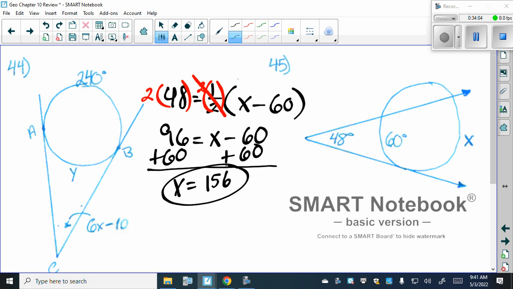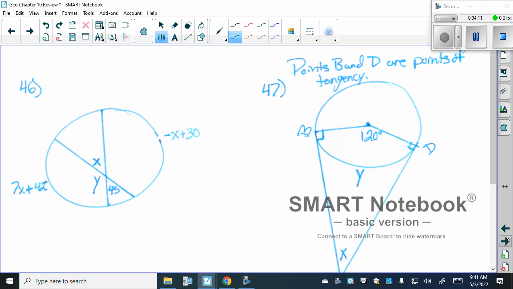Any other questions on these two here? X is what?